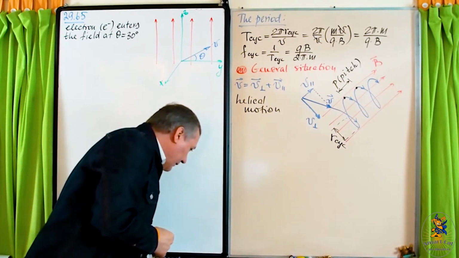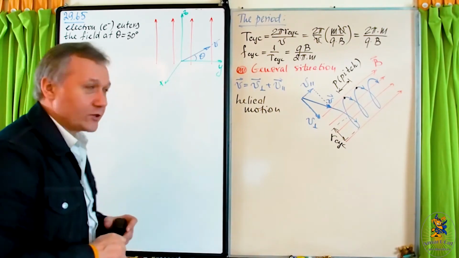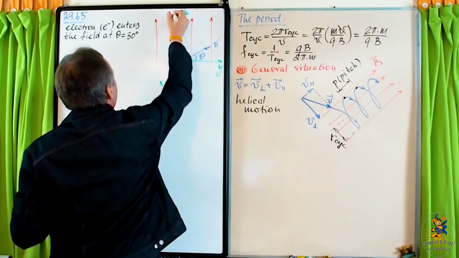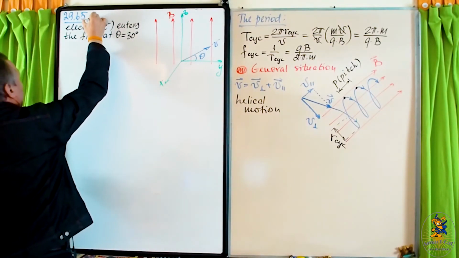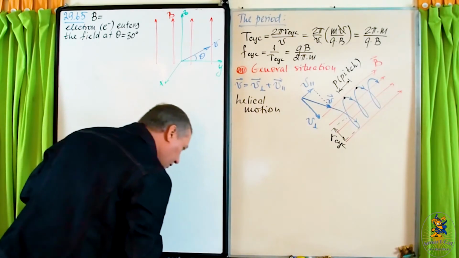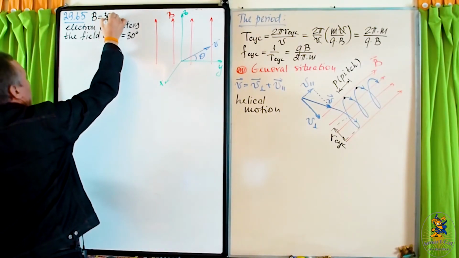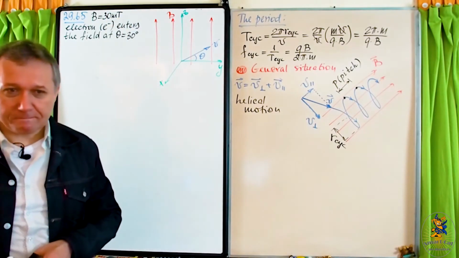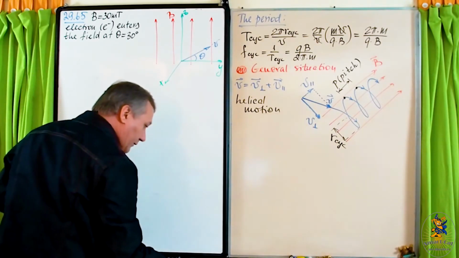So what else is given? Yeah, the magnetic field strength. So actually I didn't label that this is B. Right. So the value of B, let me check, 30 millitesla. Then velocity. Probably I wouldn't be able to write velocity over there.